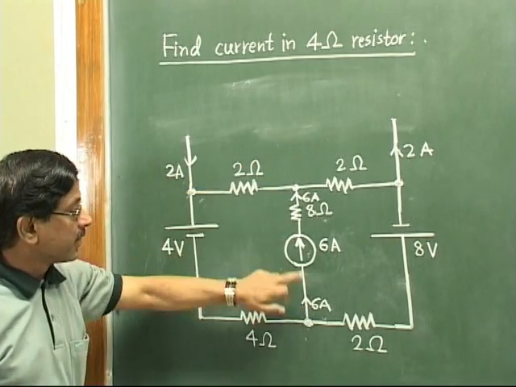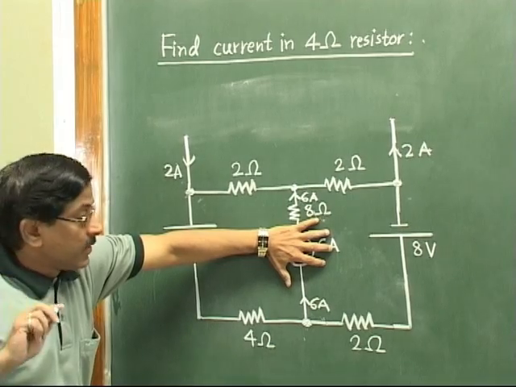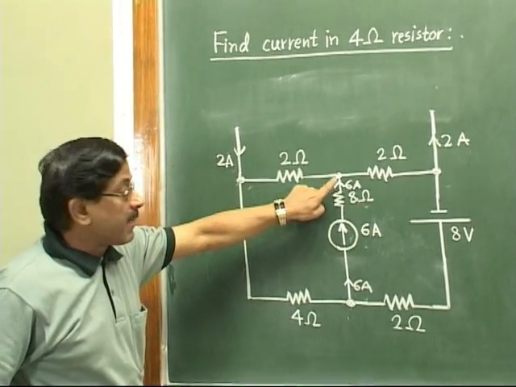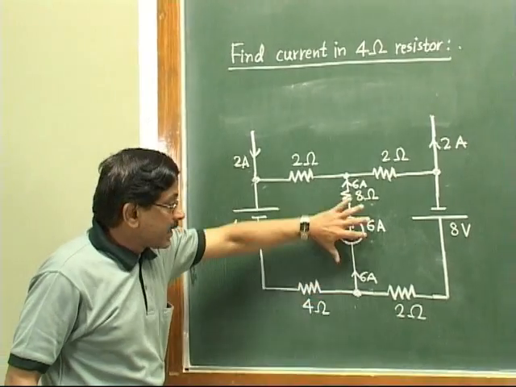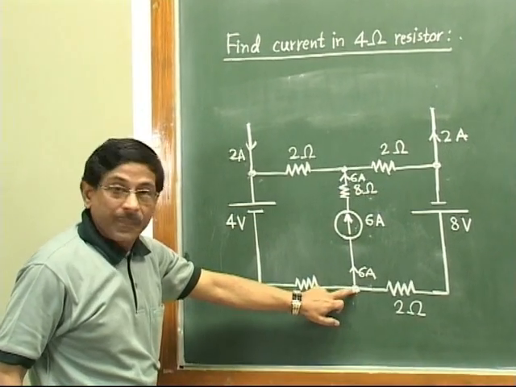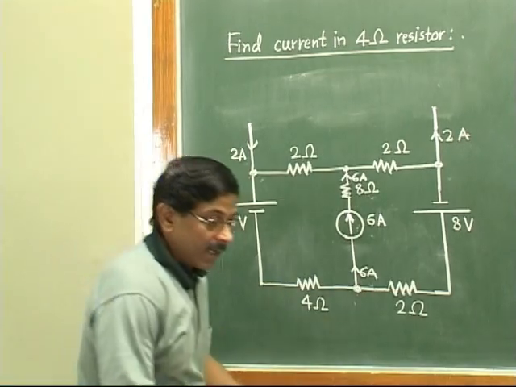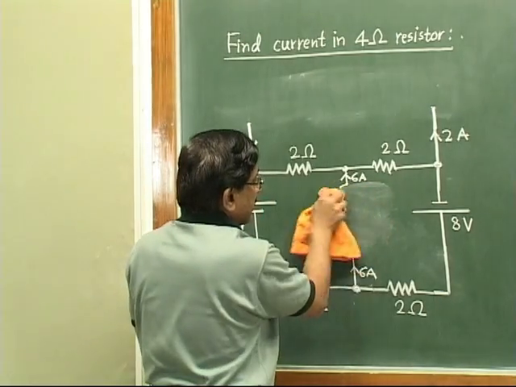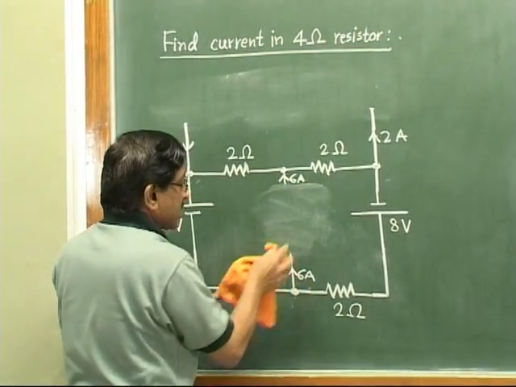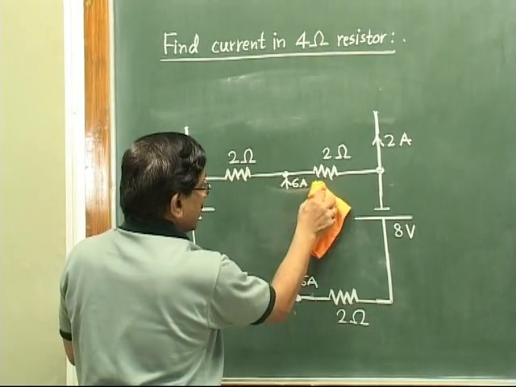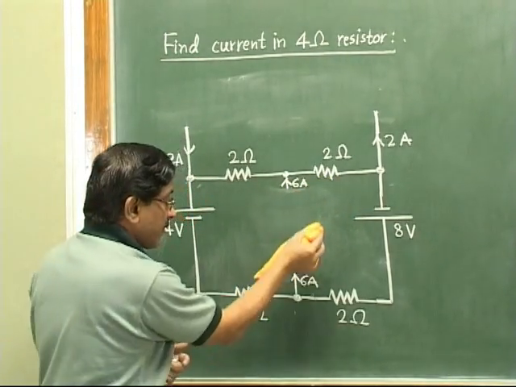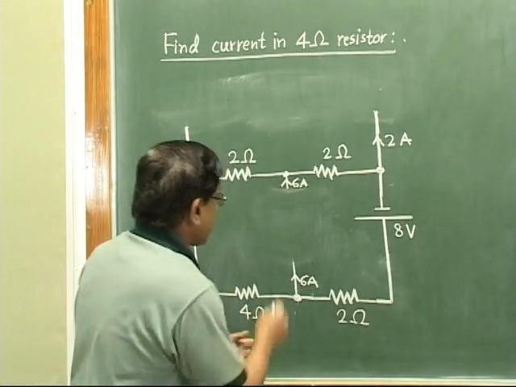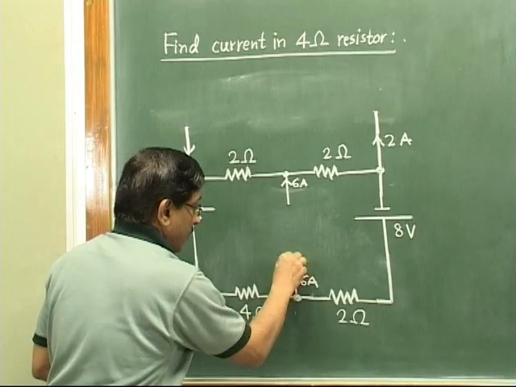So this entire branch will provide a current of 6 ampere at this node, or this entire branch will take a current of 6 ampere from this node. And once we do that, again we just remove the things and keep the points hanging like this. So this is a very important idea before you start with your final solution.